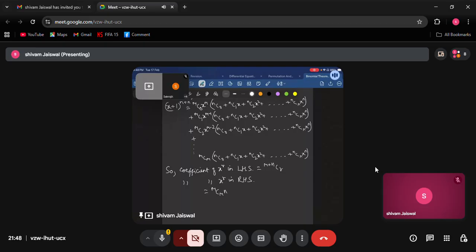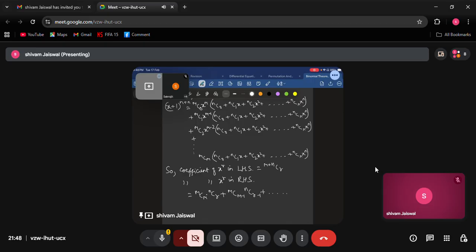Plus, in the previous one, it will be mC(m-1). The coefficient of that will be x, and over here x to the power r minus 1, so nC(r-1). Plus dot dot dot.